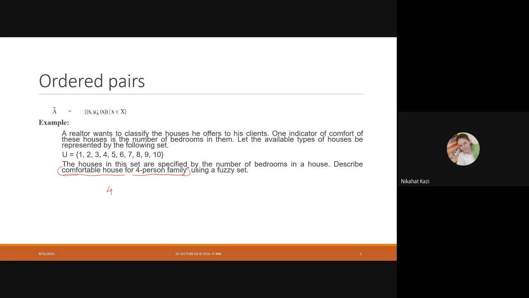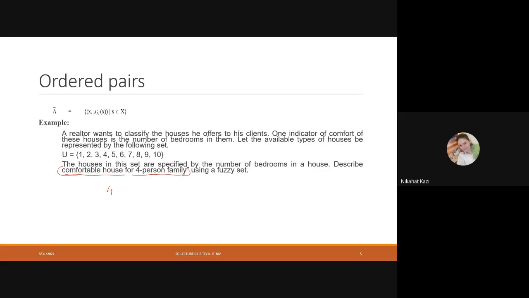Then you have to decide: as the number of bedrooms increases, maybe 3, 4, 5 have membership of one, or only 4, 5, or only 4. That is subjective. But as it decreases, it becomes less comfortable because the space is less. As it increases, the space becomes huge.